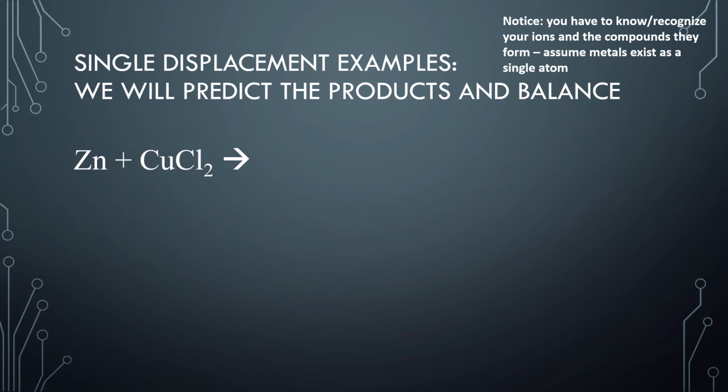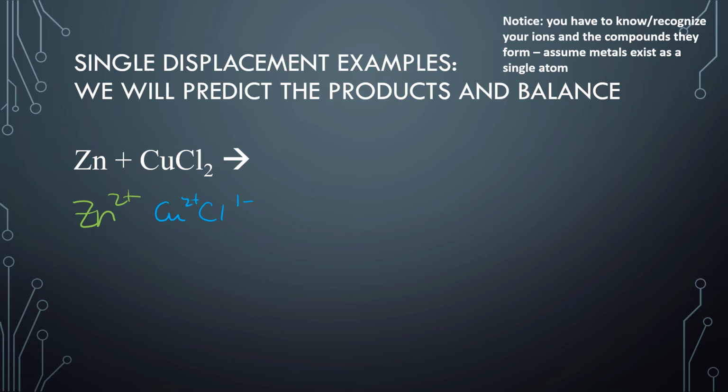Zn plus CuCl2. So Zn is going to be the more active element, and it will kick off the copper. So Zn, on our list, it's 2 plus. Copper can be 1 plus or 2 plus, it just depends. So if you look at Cl, automatically that is 1 minus, so your Cu has to be 2 plus.